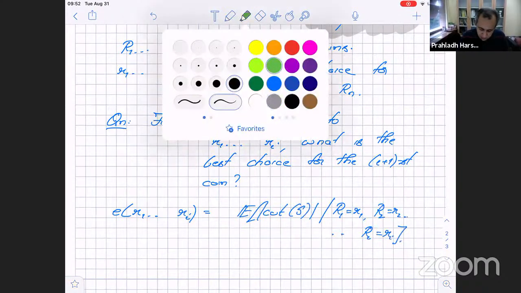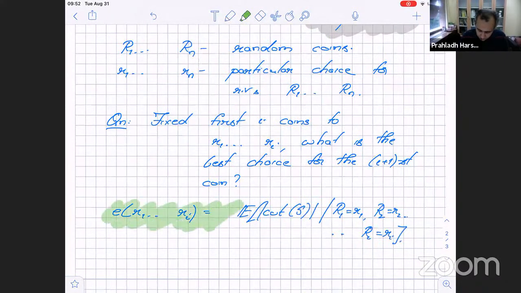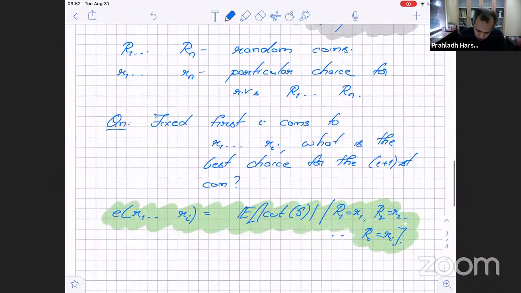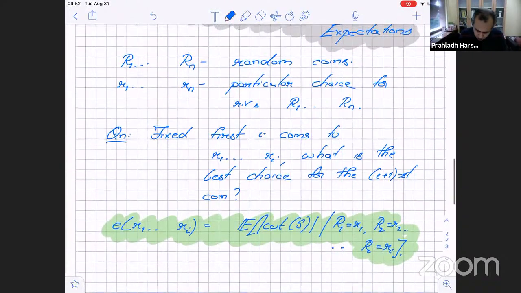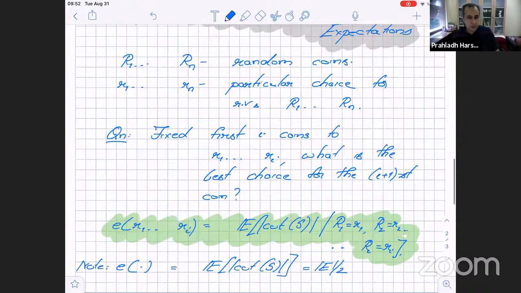So let's make this definition. Notice that when i is given no things, this is exactly equal to the expected value of the cut, which we already calculated: mod E by 2.